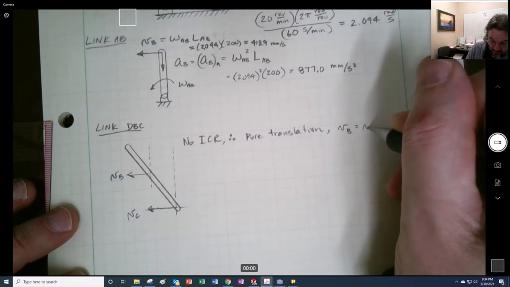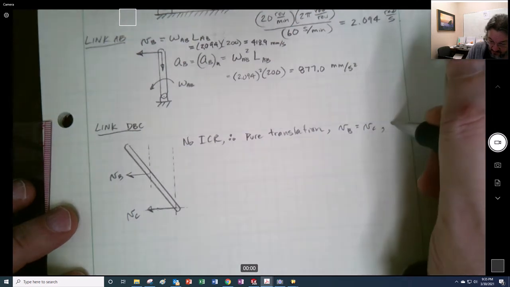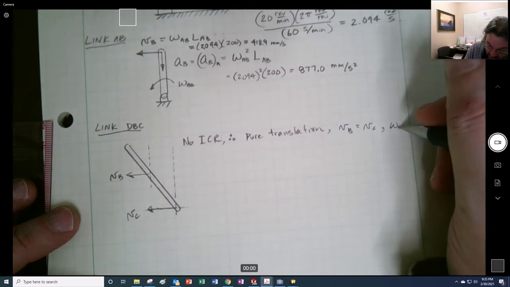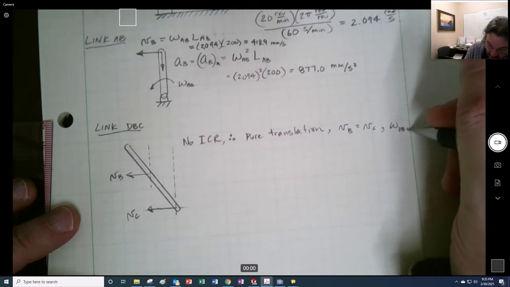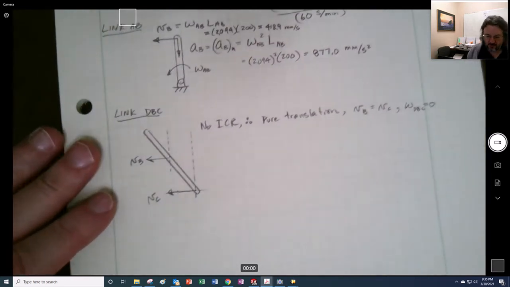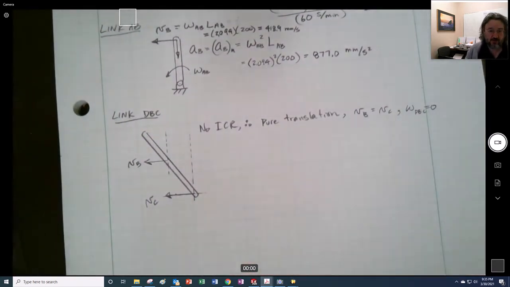VB equals VC. I don't like calling it DBC, but that's the order. Okay, so I'll move down to the next thing, the acceleration analysis.